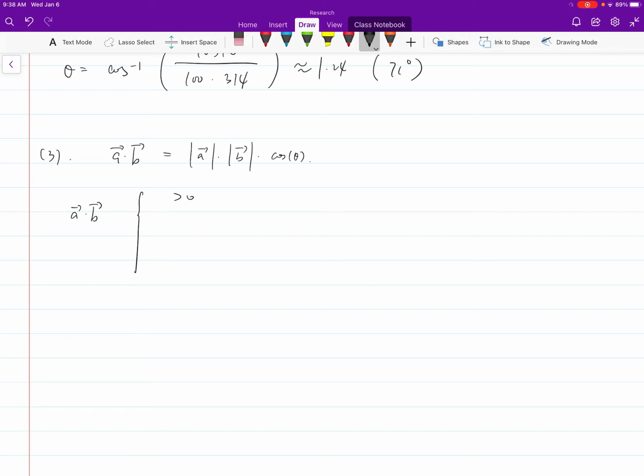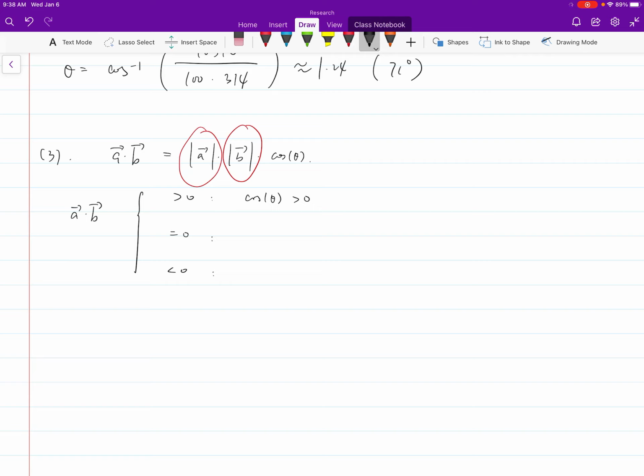Bigger than 0, less than 0, or equals 0. But if you look at the right-hand side, the magnitude of a vector is non-negative. You're not going to have a length of negative 3. This is going to be positive all the time, except when B is a zero vector. Therefore, if this is positive, it's the same as saying cosine theta is positive.